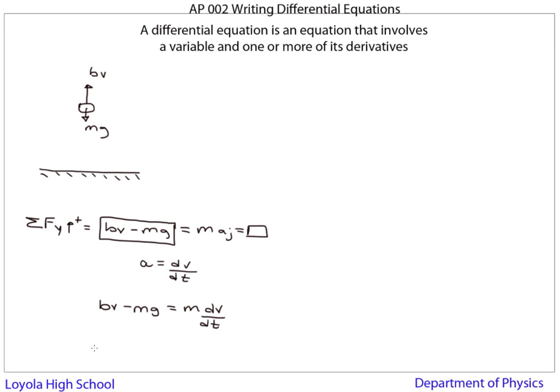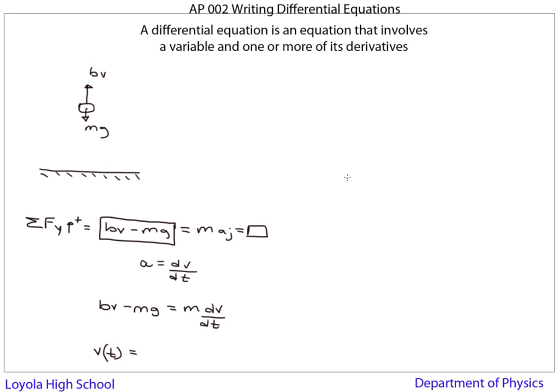In later problems, we are going to learn how to solve for the velocity as a function of time, and then graph it and all that good stuff. But you can kind of see we have velocity and time, and a little bit we have its derivative. In later problems, we'll solve this equation using u-substitution, separation of variables, and things like that, things you learn in a calculus class.